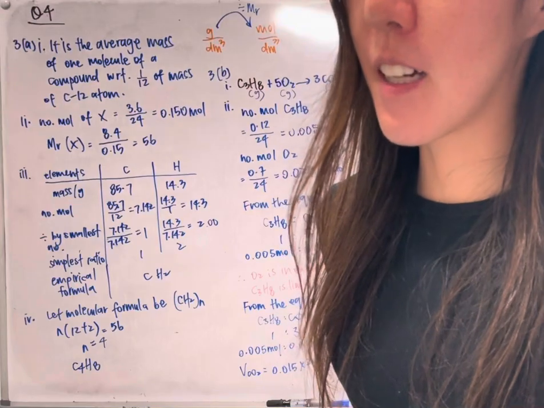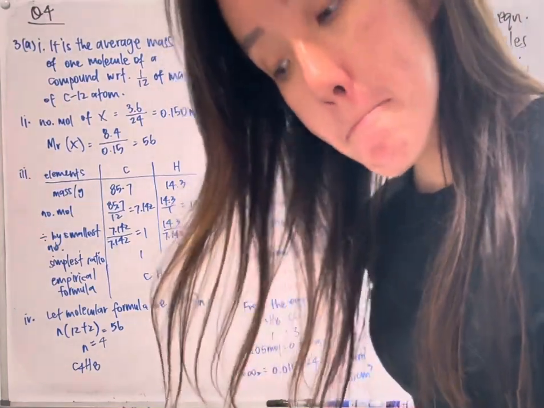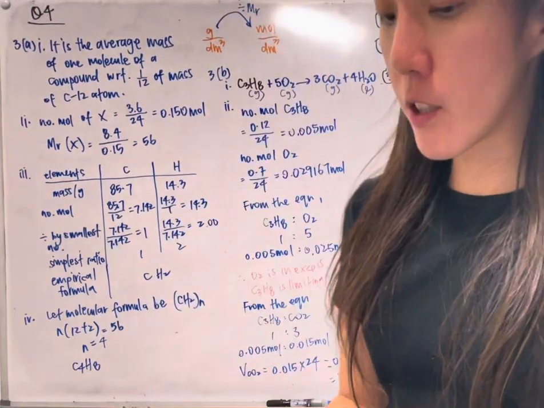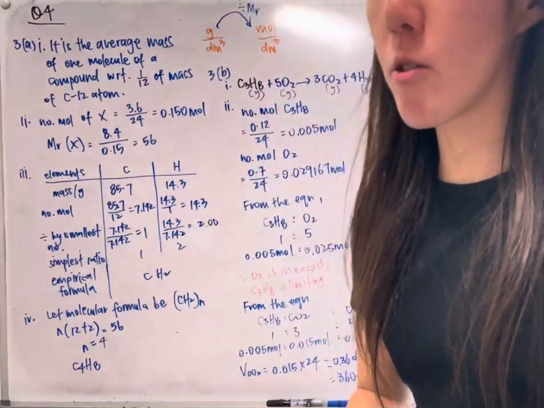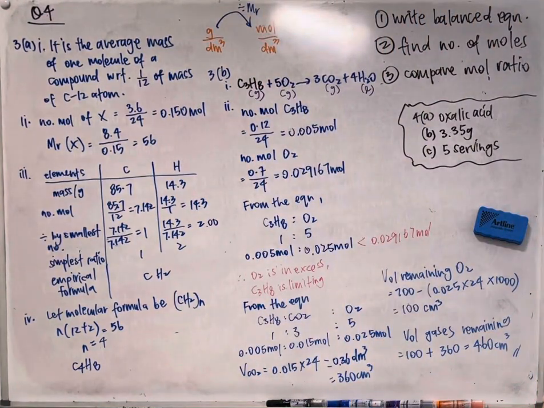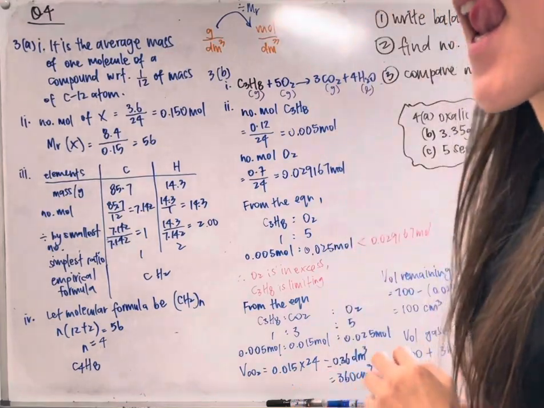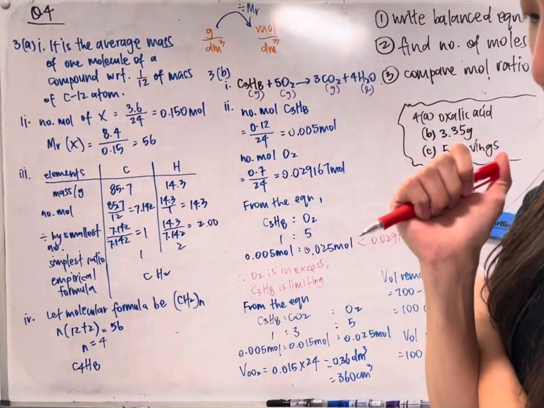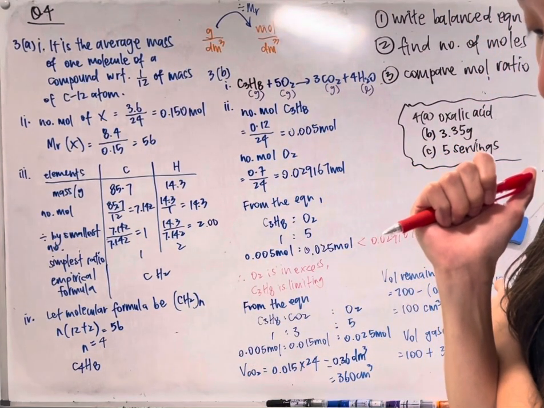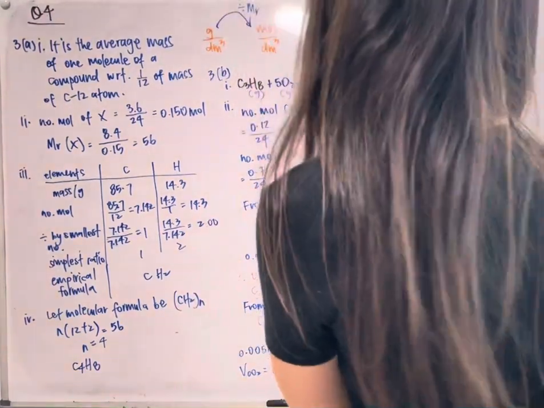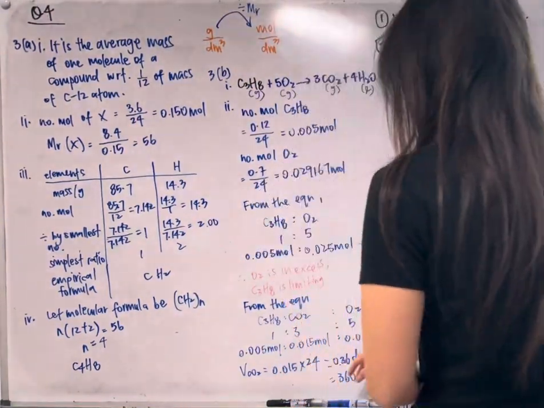Okay, I'll walk around quickly. For those who are fast, you can go and try the other questions, but I just want to mark your question 4 because I want to see your working. I got NaOH is limiting. Then I got part B answer. But I used NaOH, sorry, very wrongly, in excess.